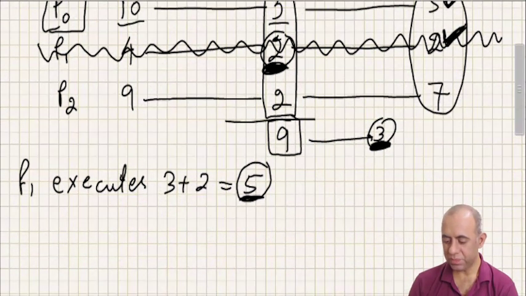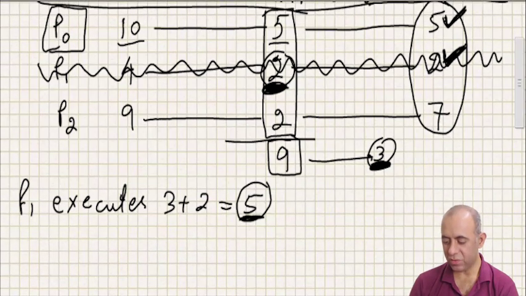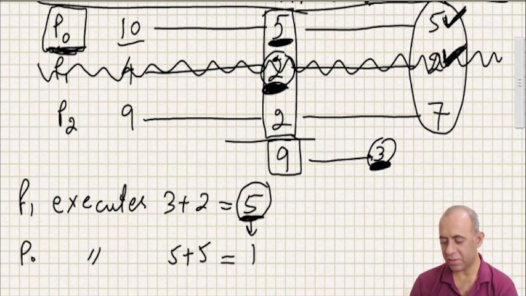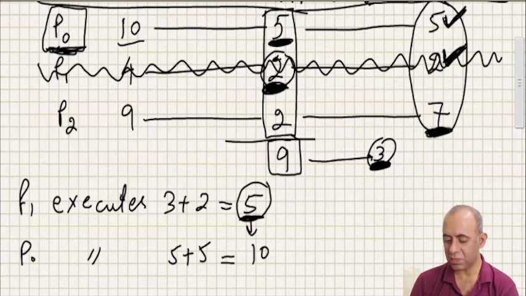So we allocate this 5 to it, and process P0 finishes execution and gives back its 5. So this 5 becomes 10. Now we have 10 free resources. Can we meet the need of this third process P2?